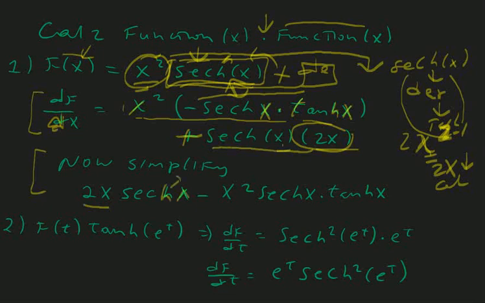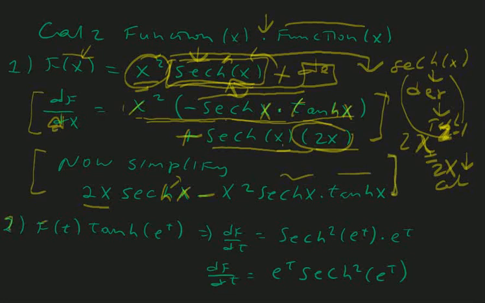This is hyperbolic, so I will be covering this in Calculus 2. 2x sech x minus the other expression, x squared sech x tanh x. So this is how you do it. Basically this is when you do the derivative, and this is when you simplify, where you just reorganize it. Let's do another one.